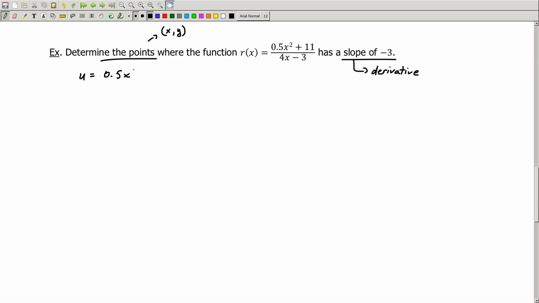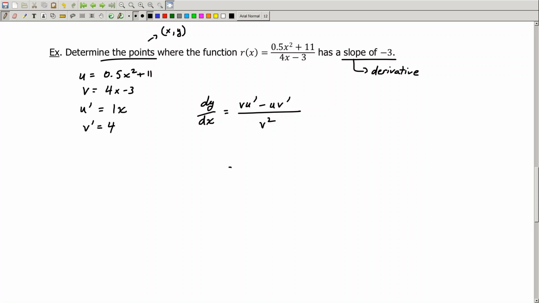I'm going to call the numerator u, I'm going to call the denominator v, and I'm going to apply the derivative to each term. So I've got u prime, v prime. The derivative, dy dx, is going to be v squared on the bottom, v is lifted, u prime minus u v prime. That's it.